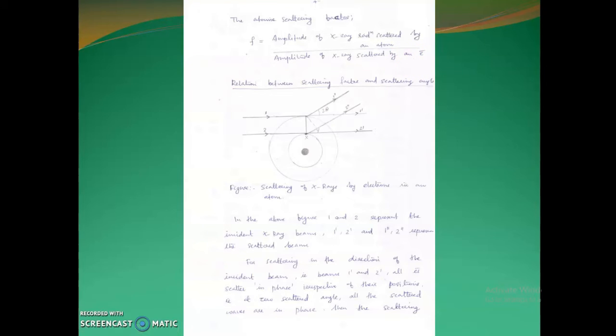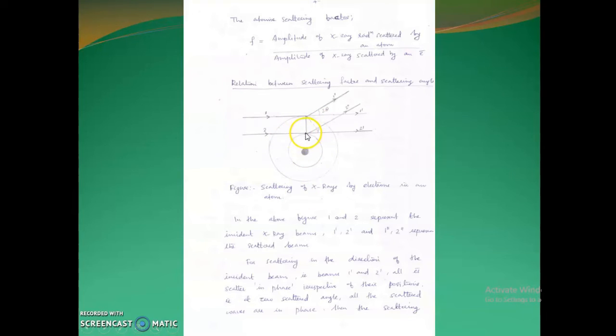Okay, and now we have to see the relation between scattering factor and scattering angle. Okay, let us see. As you see here in this figure, these radiations 1 and 2 are monochromatic X-ray radiations incident on 2 electrons in an atom.